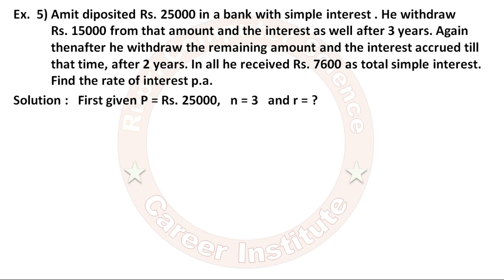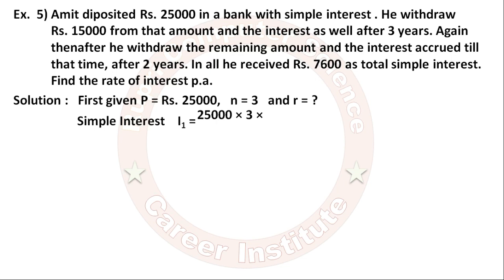Therefore, simple interest I1, that is for the first deposit, is equal to 25,000 into 3 into R divided by 100.